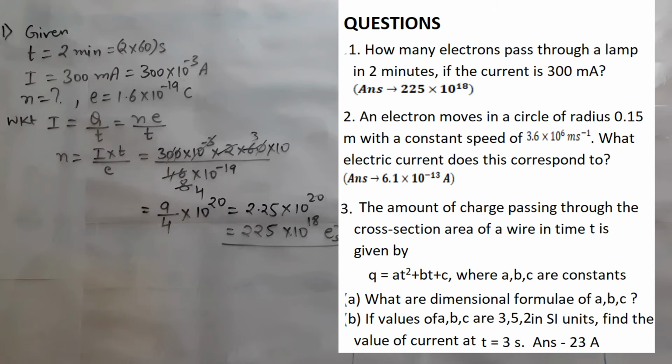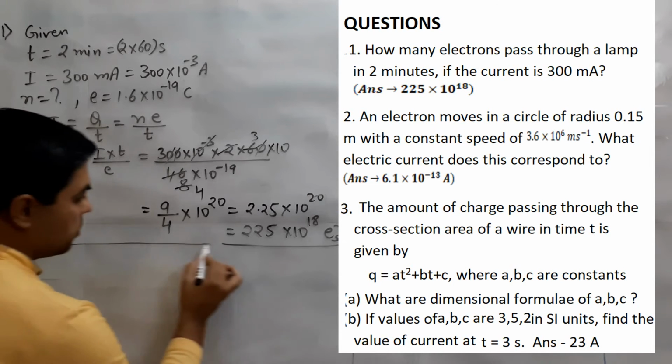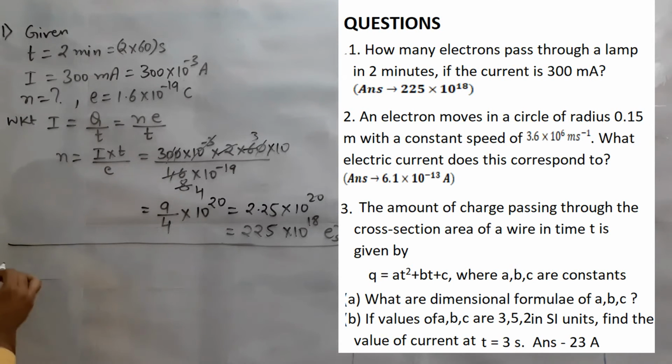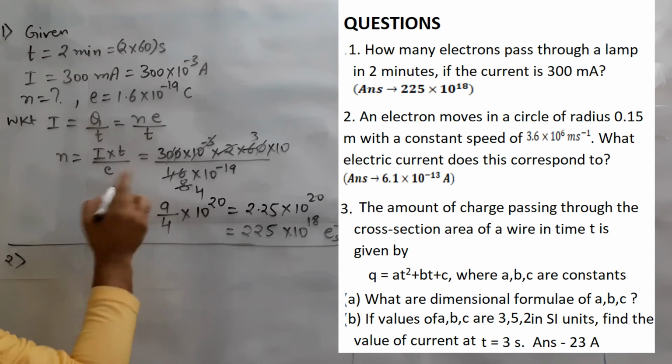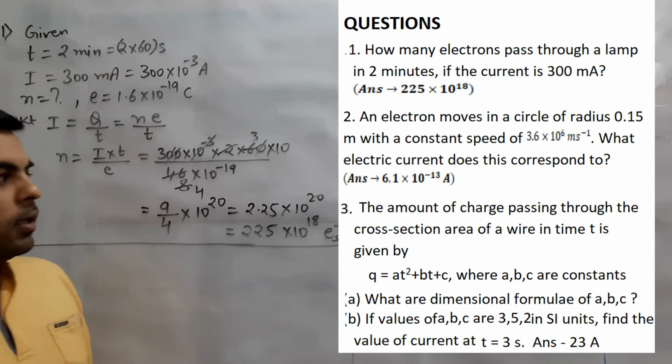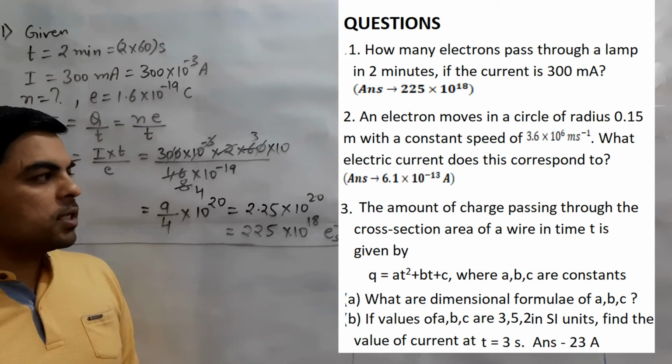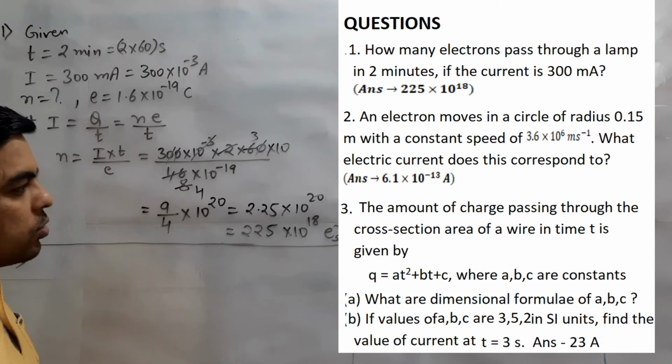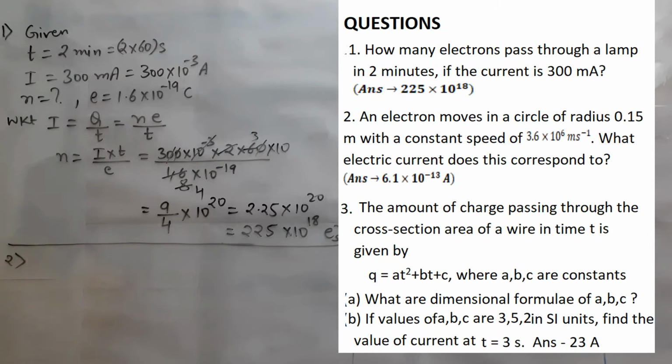So this would be the answer for the first question, and now let's do the second one. It says that an electron moves in a circle of radius 0.15 meter with a constant speed of 3.6 into 10 to the power 6 meter per second. What electric current does this correspond to?